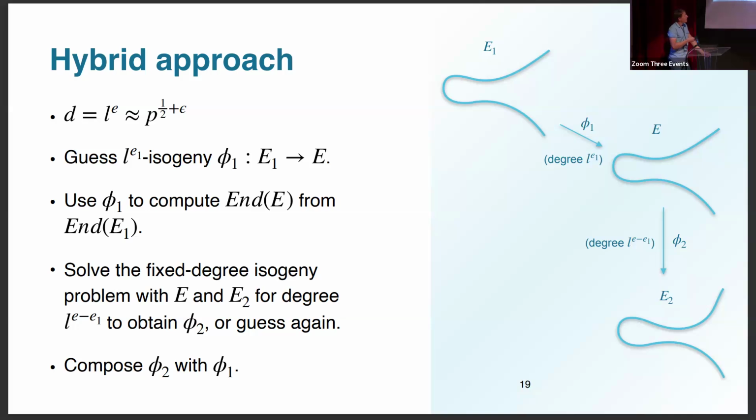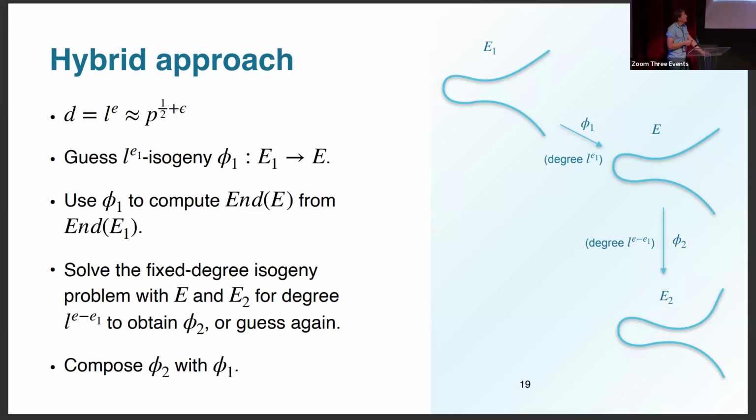And we said, okay, let's try to guess the first part, pi1. This way you reduce the parameters for the second part, and then you apply the strategy that I described here for this pi2, and then you just take the composition of these two isogenies.